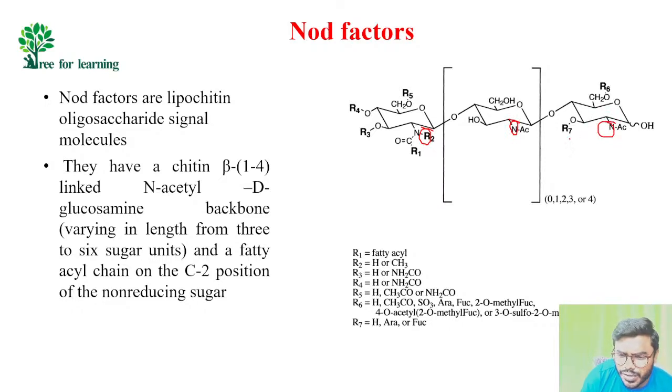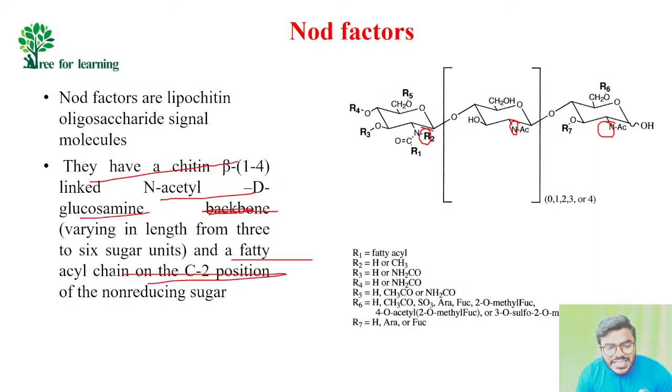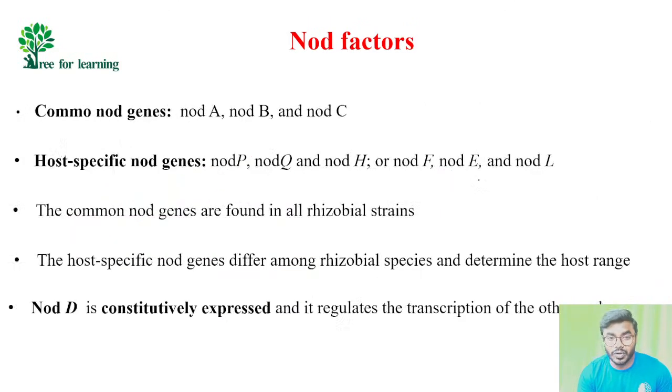You people no need to remember any kind of structure at all. If you are remembering the structure, it's a waste of time. Remember that they have a chitin linked N-acetyl glucosamine backbone and a fatty acid chain on the C2 position of the non-reducing sugar. This is the point I want you people to remember all the time.